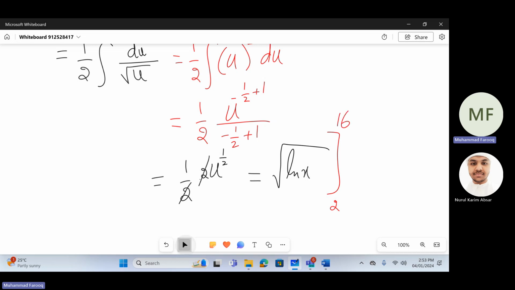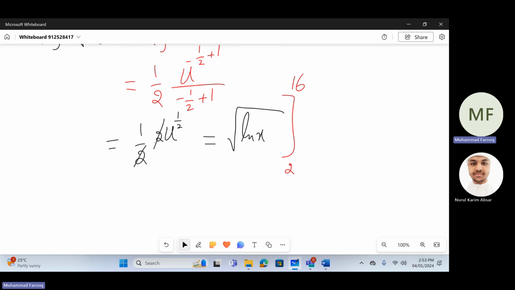Now substitute upper limit minus lower limit. So ln 16 in the square root minus ln 2 in the square root. u has power, and u is the whole function, u is ln x, so ln x has the power.